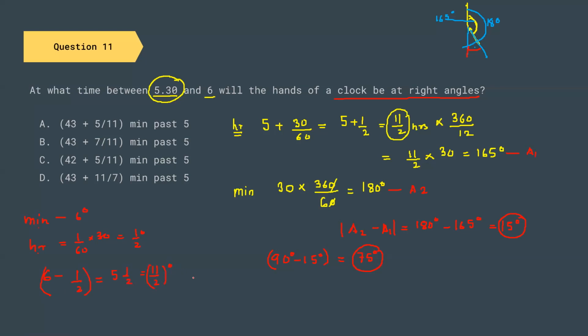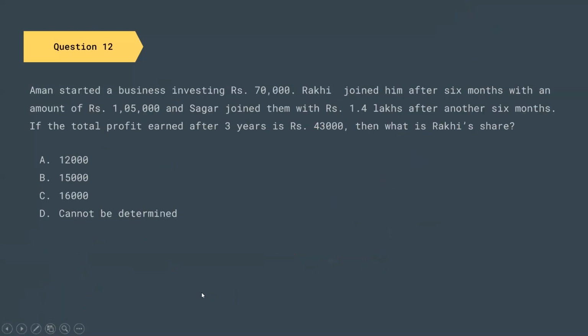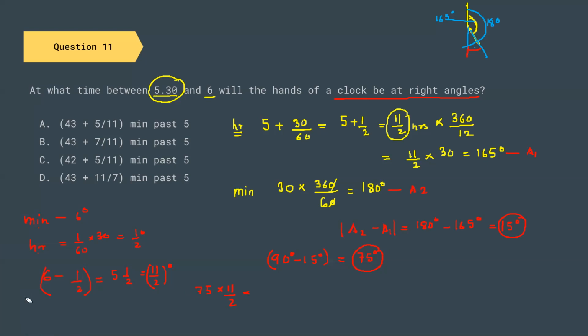So what is the total time required to inscribe 75 degrees? So 75 into 11 by 2 gives us... I have made a little bit of mistake here, so I will just go back again.